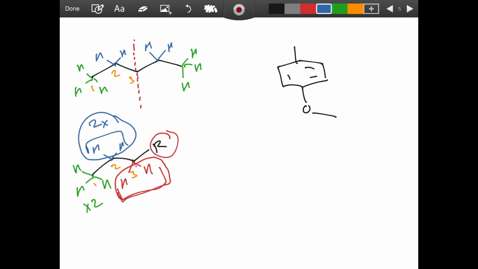So carbon 2 has different stuff around it. The hydrogens on carbon 2 have different stuff around them than the hydrogens on carbon 3. So even though they're both CH2s, they're different CH2s, right? They're not in 100% exactly the same environment. So the NMR sees them as being ever so slightly different.